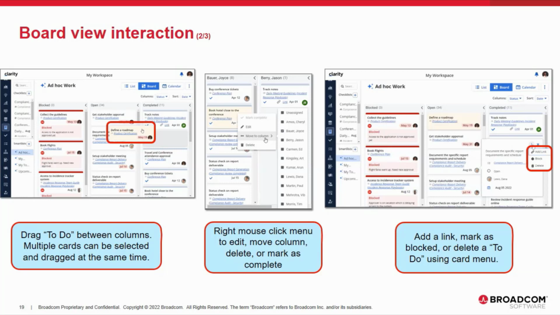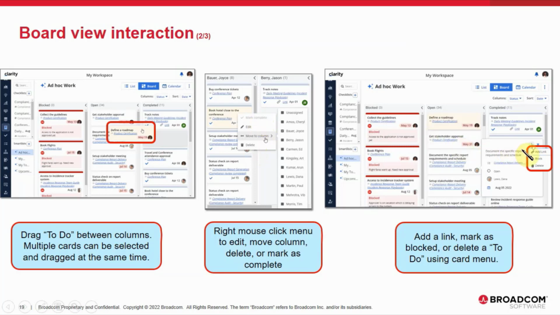You also have the right mouse key available to you, which allows you to edit or move the to-do between columns, or you can delete the to-do itself. You can also mark a to-do for completion.